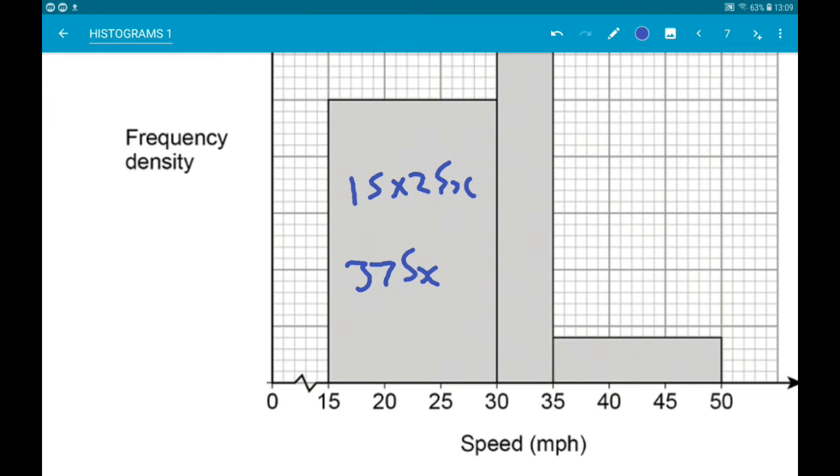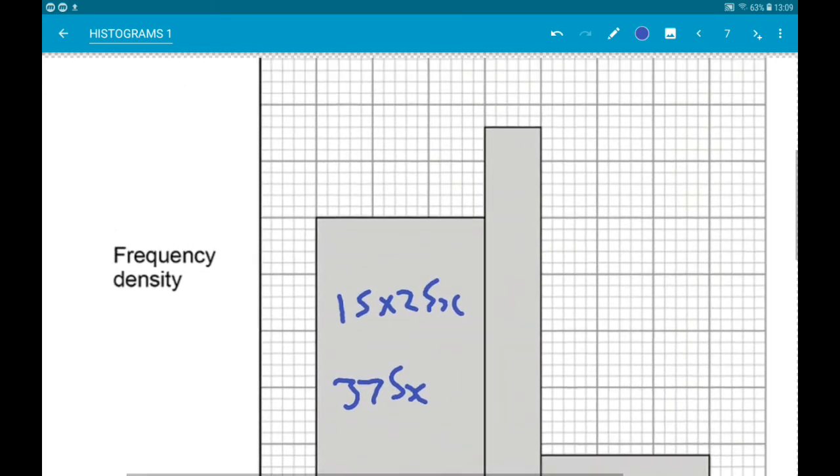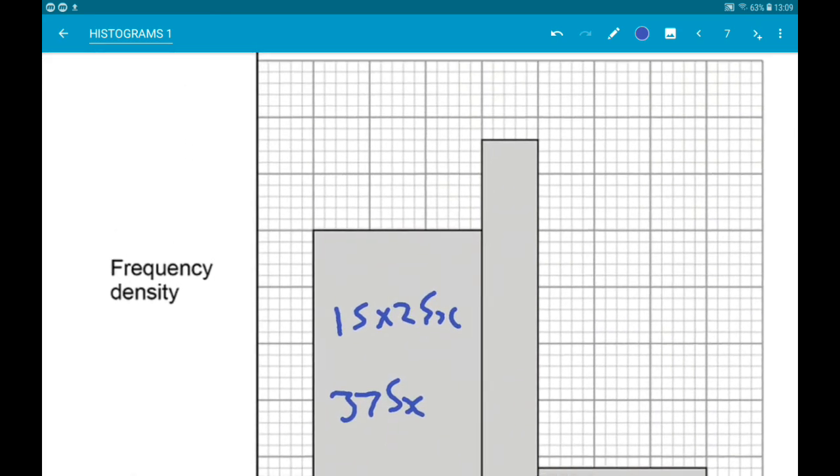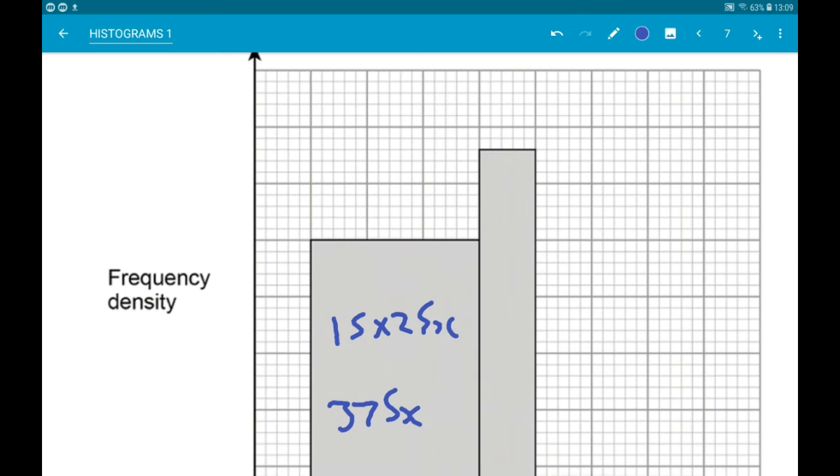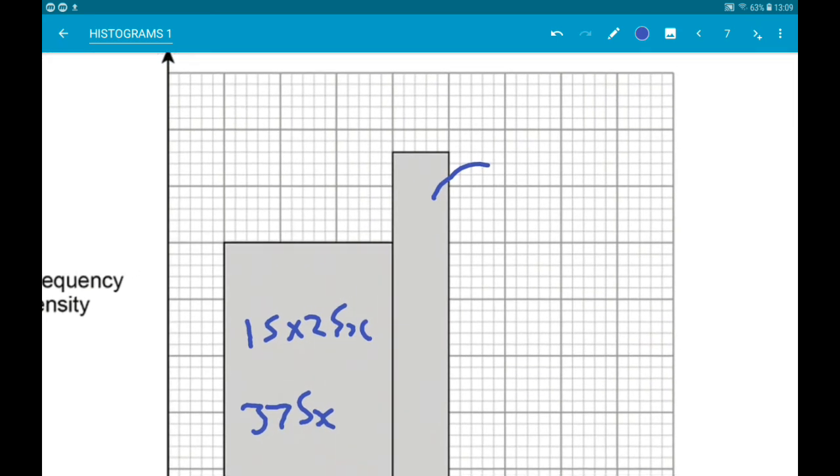Then in the next one, the interval is 5, and the density is 33x. So in here, we have 5 times 33x, which is 165x.